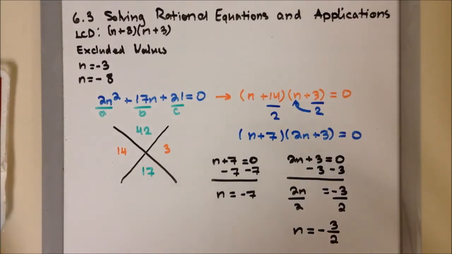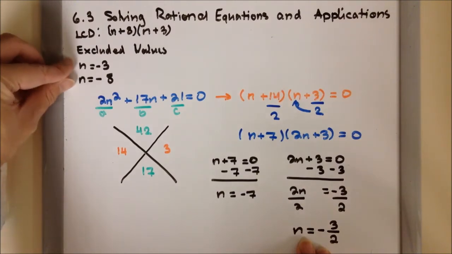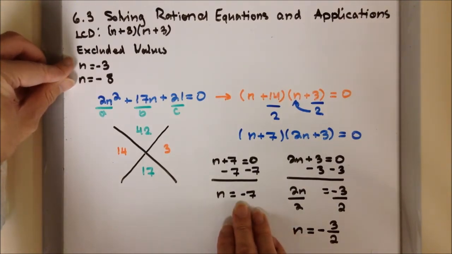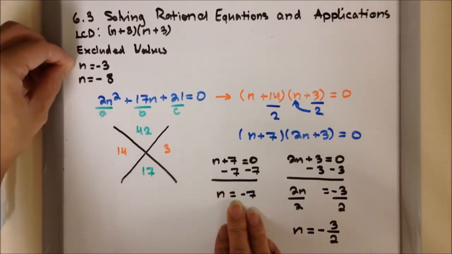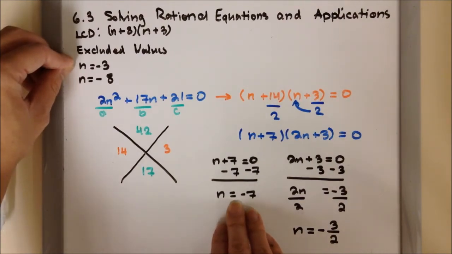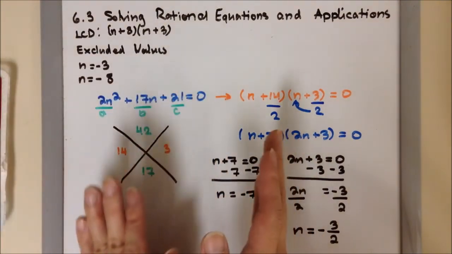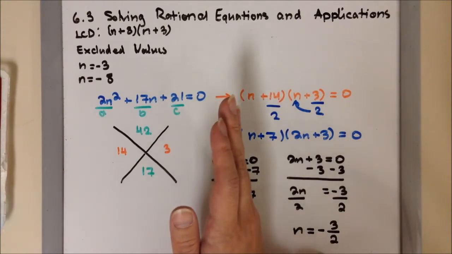And before I box up our final answer, I check if one of these answers matches with our excluded value. Had this been negative 3, because we do have an excluded value where n equals negative 3, then I would cross this out, and then this would be our final answer.